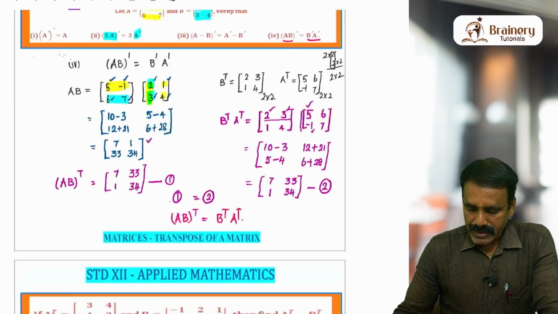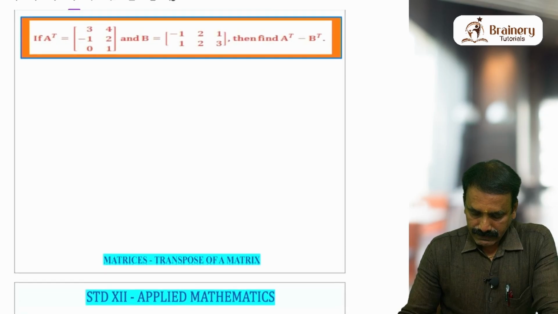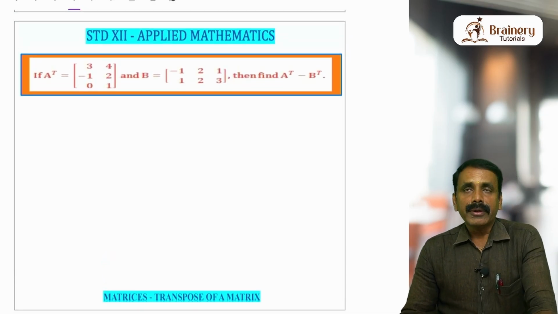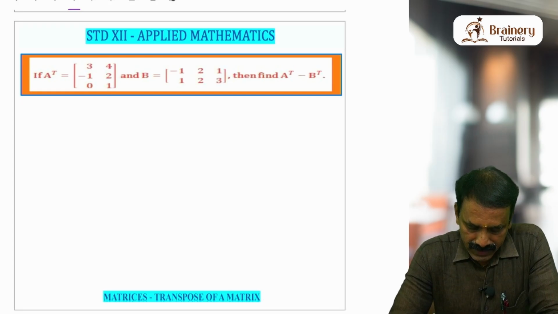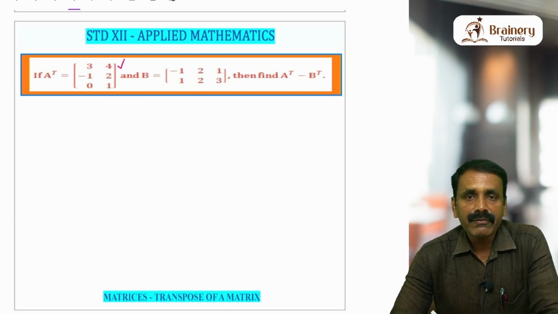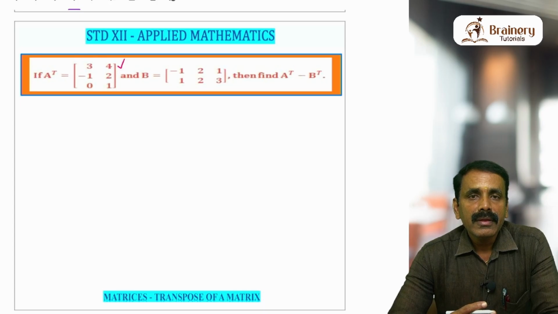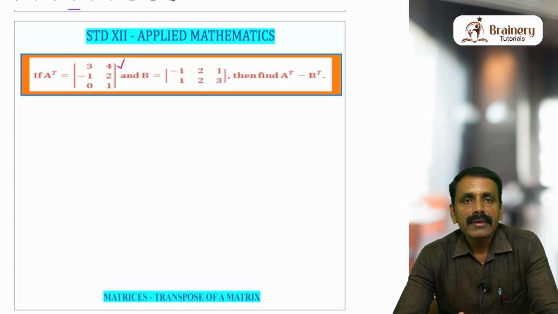We move on to next question. You can solve this one as homework. A transpose is given, by which we can find A comfortably. How to find A from A transpose? Yes, exactly.